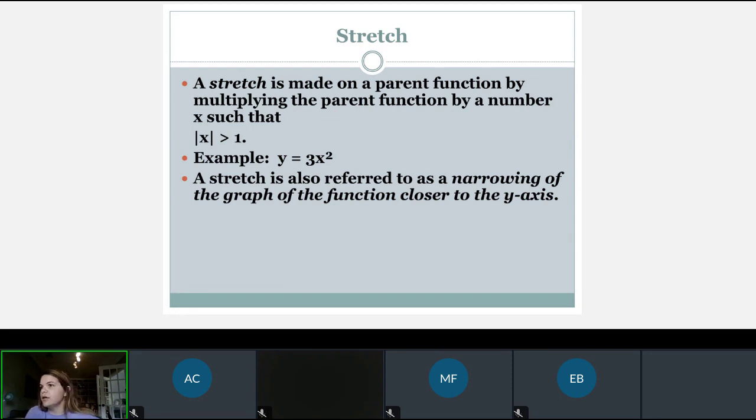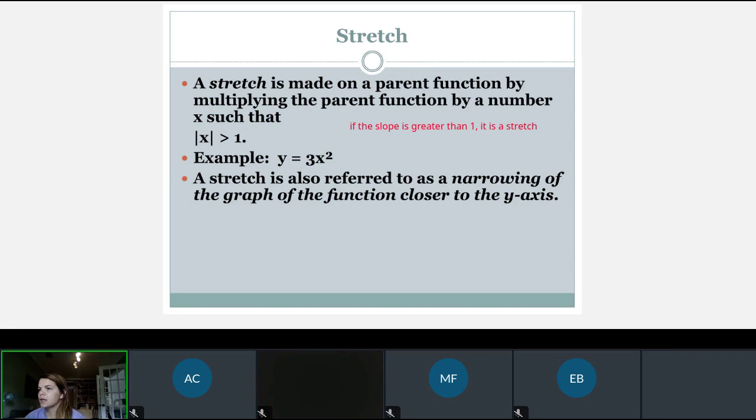If the slope is greater than 1, it is a stretch. And when we say stretch for linear functions, this means that your slope is going to get steeper.